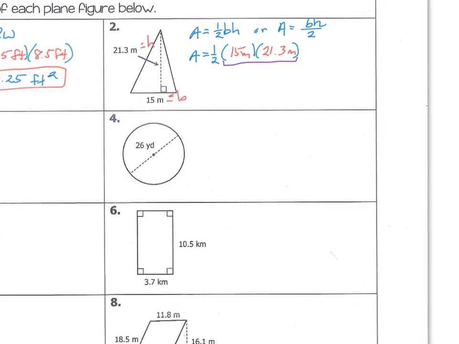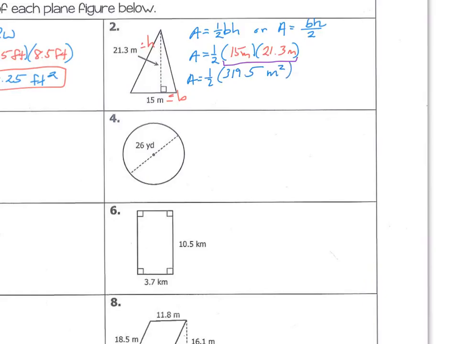So what I would prefer to see from you is, instead of doing it all on your calculator at once, I want to see what is 15 times 21.3, because if you make an error, I don't know where your error was if you just do it all on your calculator and then spit out an answer on paper. So remember, your calculator is your tool. It doesn't do all the work for you. So you're going to put in here what you got. 319.5 meters times meters is meters squared.